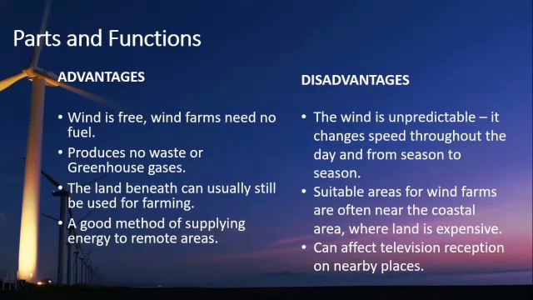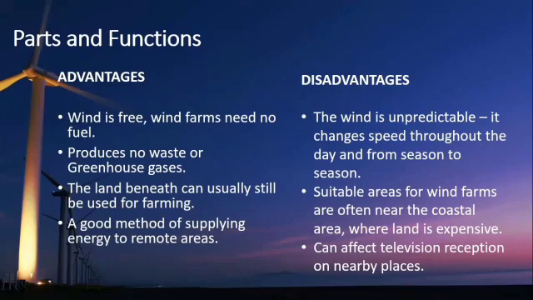Next. Parts of function. These are the advantages and disadvantages. The advantages are: wind is free. Wind farms need no fuel. They produce no waste or greenhouse gases. The land beneath can usually still be used for farming. A good method of supplying energy to remote areas.